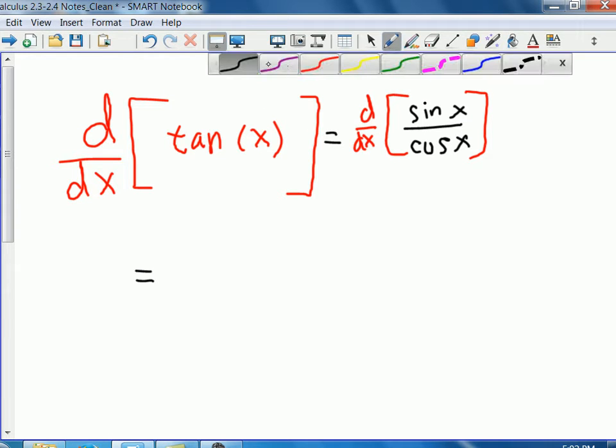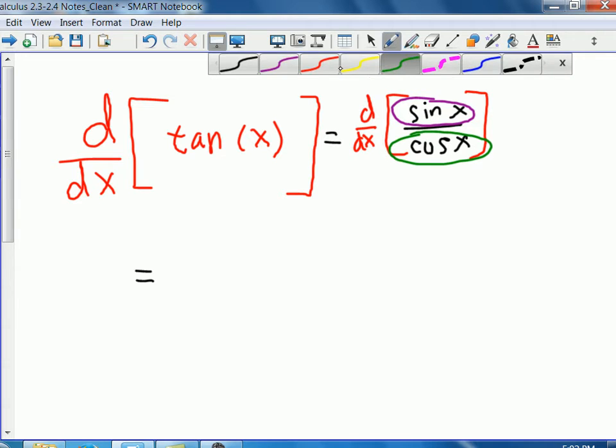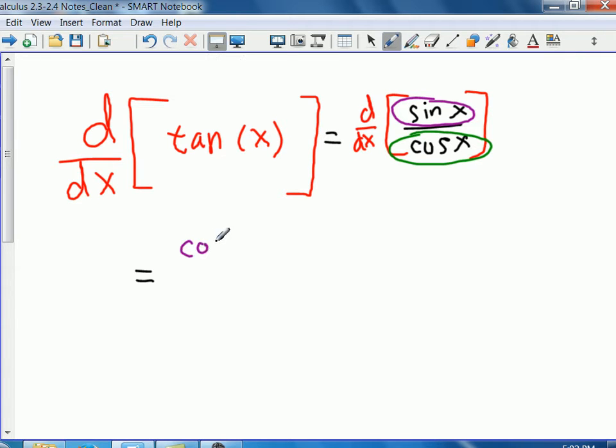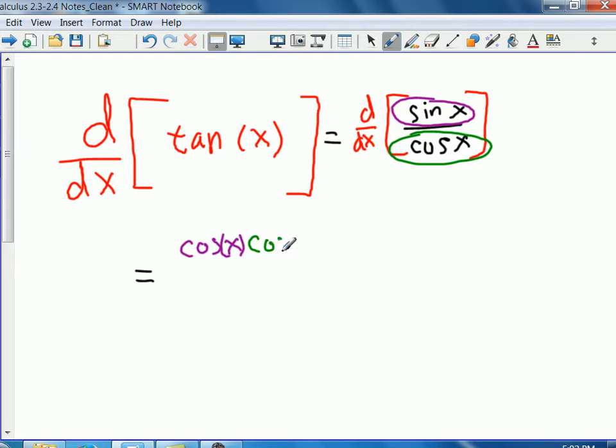So I think it was purple on top and green on bottom. And I'm just going to say it. Hopefully you have it in your notes. The derivative of the top, which is cosine of x, times the bottom, which is cosine of x, minus the derivative of the bottom. The derivative of the bottom is negative sine of x. So I'm going to put plus sine of x because I can, right?